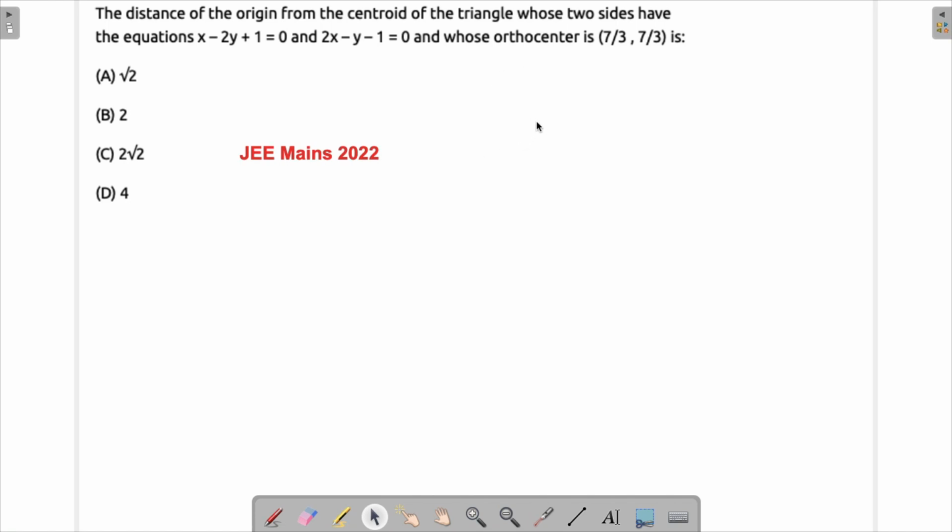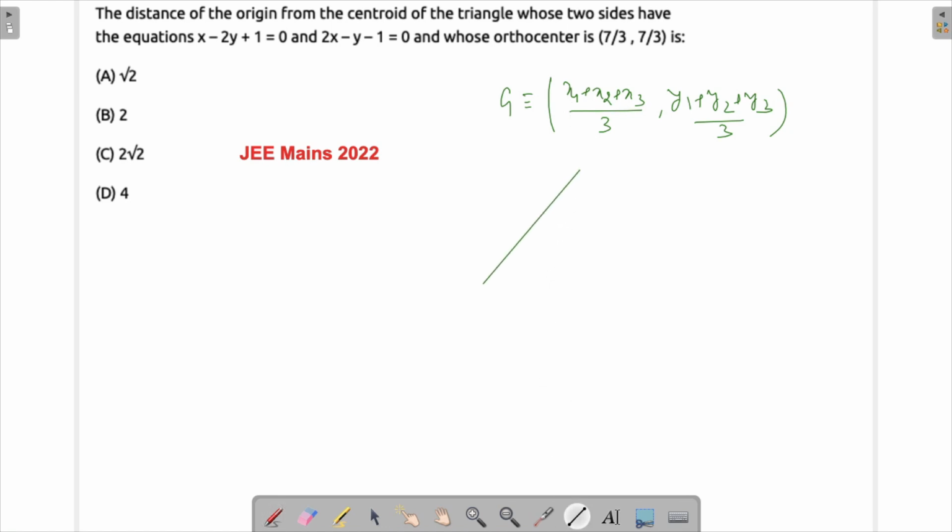Now, if we have to find the centroid, the only thing which we know is the formula of the centroid, which is this formula, right? That G is actually equal to (x1 plus x2 plus x3) by 3 and (y1 plus y2 plus y3) by 3. Now, I have to have all the coordinates of these vertices of the triangle.